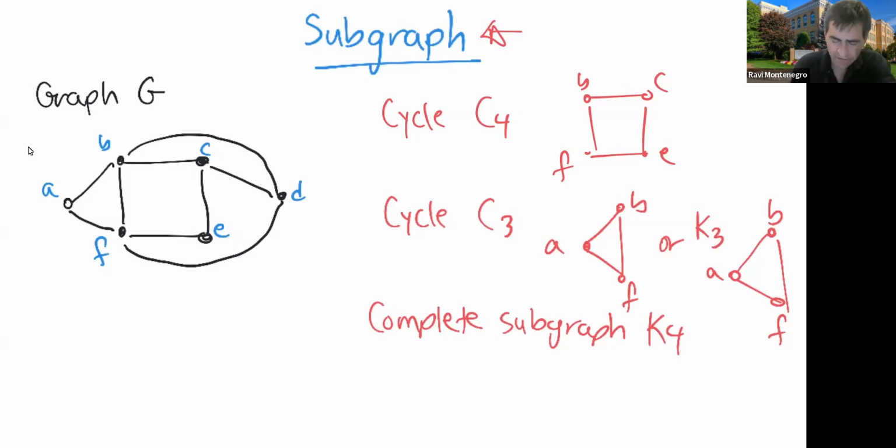And if you do, then you'll have trouble finding it because I left an edge out. There we go. Now it's a K4. So if we look at this, B, C, and D are all connected to each other, and they're also all connected to F. So the complete subgraph K4 here, B, C, D, F.